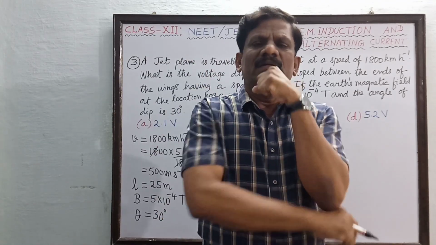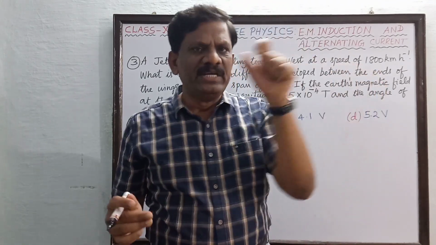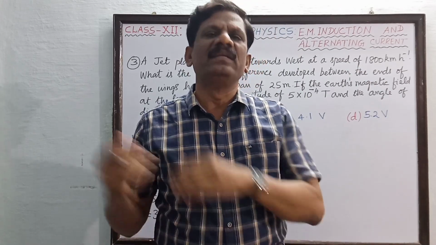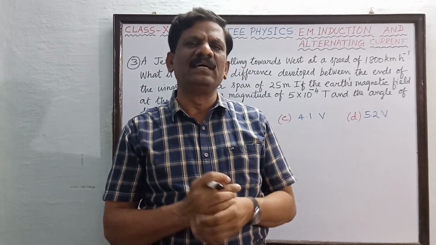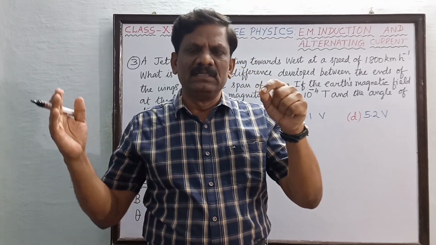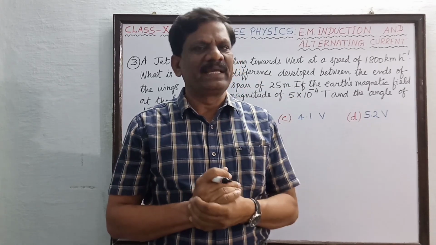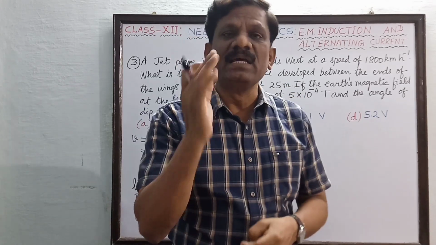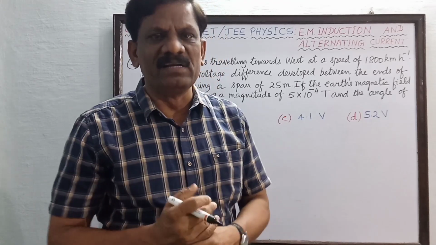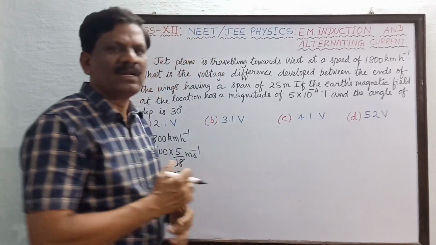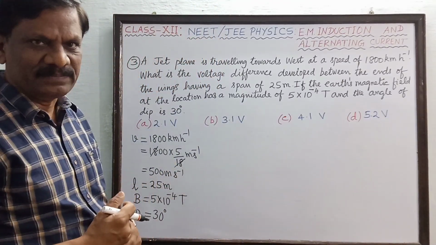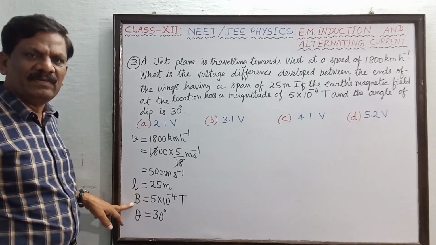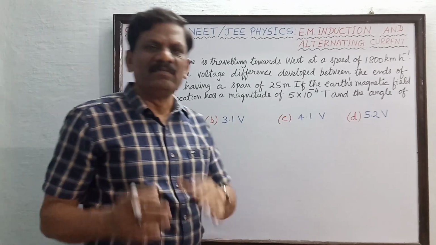Actually, when will an EMF be induced in a conductor moved in a magnetic field? When it is moved perpendicular to the magnetic field. So the vertical component of the Earth's magnetic field, which is responsible for the induced EMF, we have to consider. Though the value of B is given, we have to find out the vertical component.